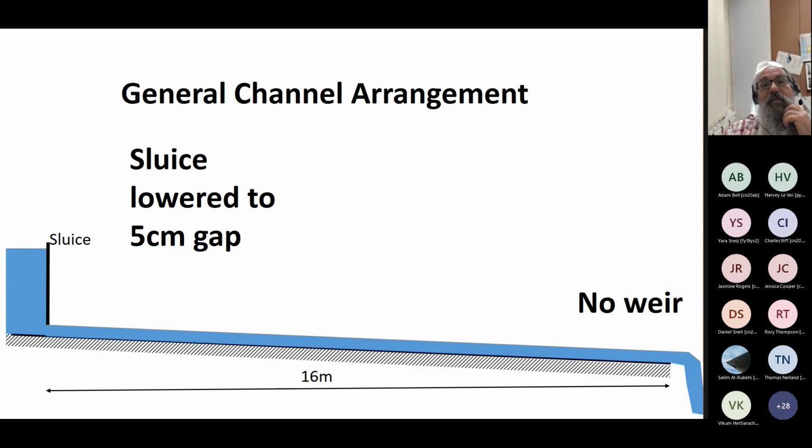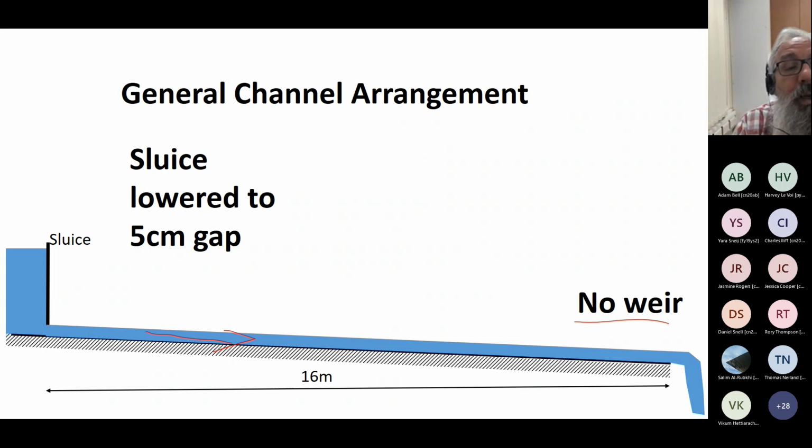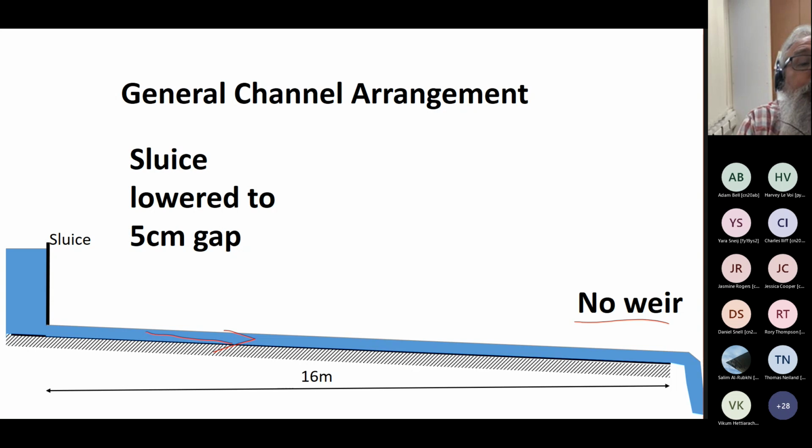If we had no weir, you would get supercritical flow coming down the channel. If you work out the normal depth and critical depth for this channel, for the flow rates that are actually in the experiment, you'll get a normal depth.